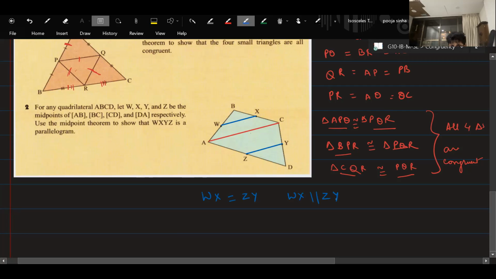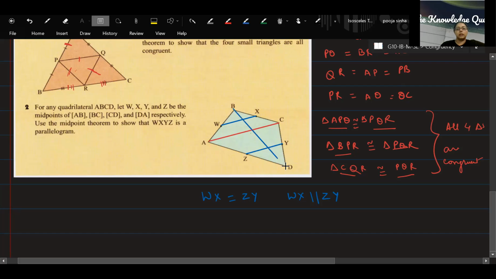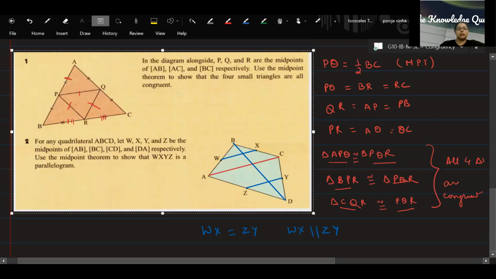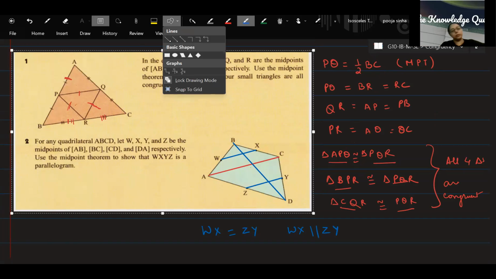Okay? Can I say the same thing about the other sides also? In the same way, what will happen here? Miss, when you put an orange line there. You want me to put an orange line?